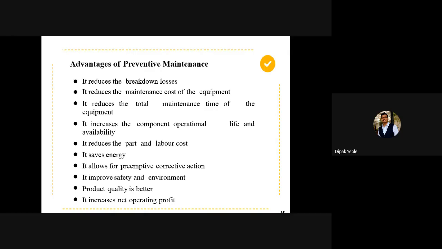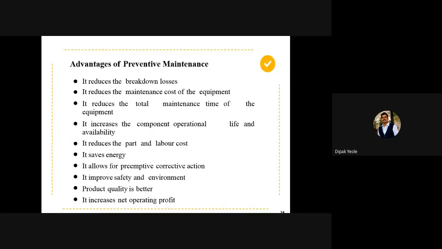So one can take the proactive actions फॉल्ट होण्याच्या आधीच्या कंडिशन्सला, called proactive corrective action. It improves the safety and environment. One can say it can become environment friendly also.